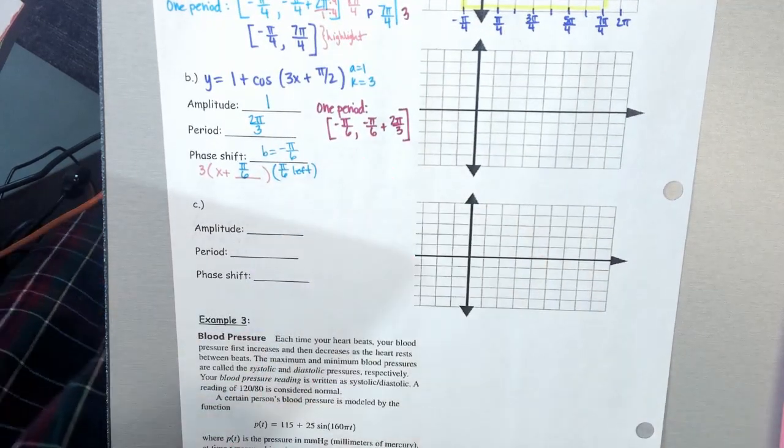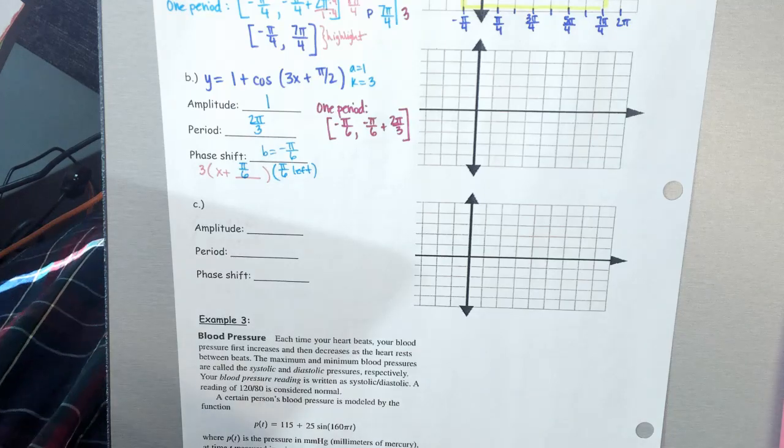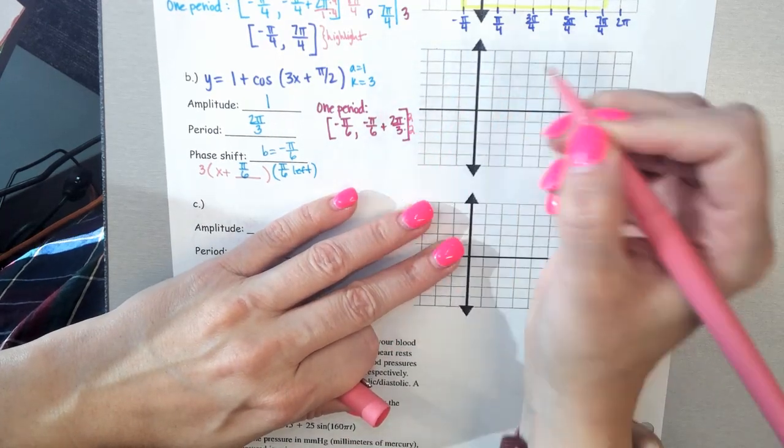Okay, so can you guys calculate the period in which we're going to highlight? And then from there you can start your table. Okay, and you can always get a common denominator, so times 2 times 2.